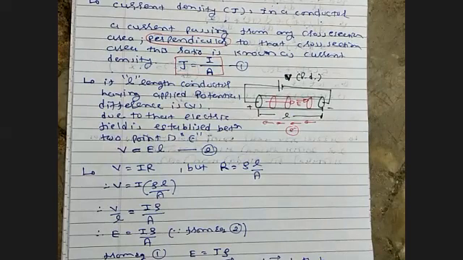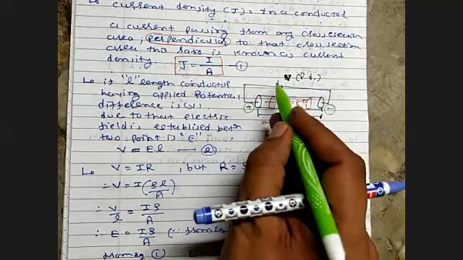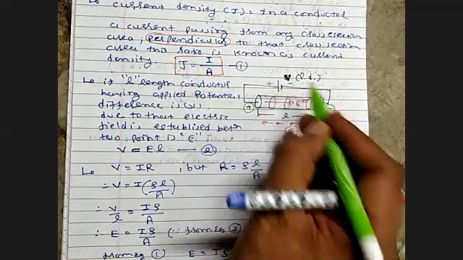Move further, once we understand current density J properly. If we apply a potential difference between the two ends of a conductor, one end is positive and the other negative, the positive terminal and negative terminal of the battery.